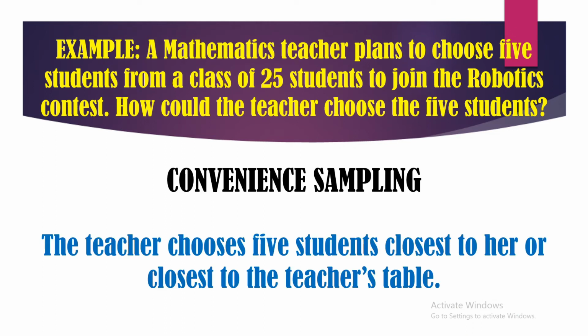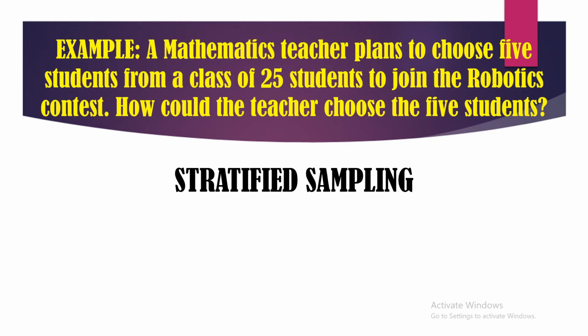Using the same situation, let's have convenience sampling. Here, the teacher chooses the 5 students closest to her, closest to the teacher's table. Those 5 students closest to her could be more convenient. Next, we have stratified sampling.